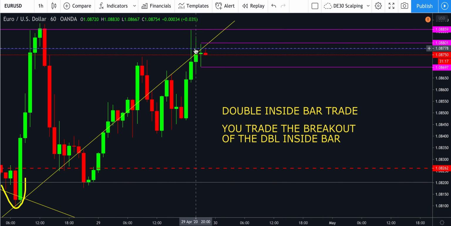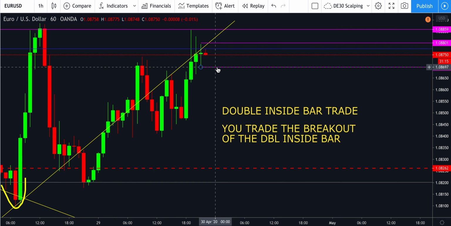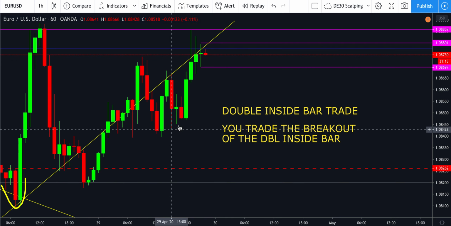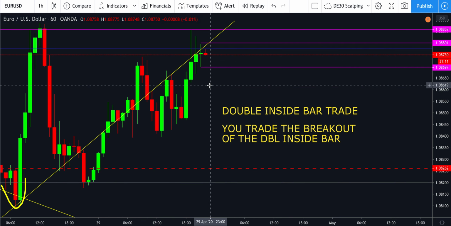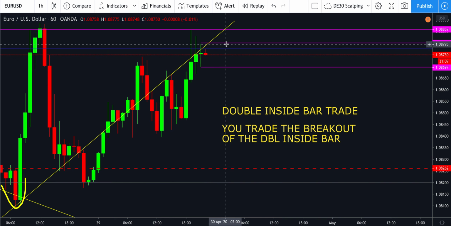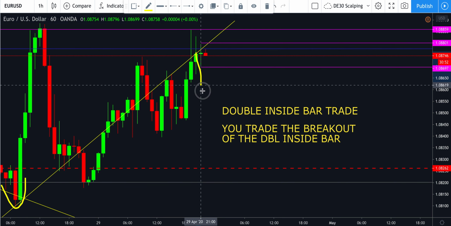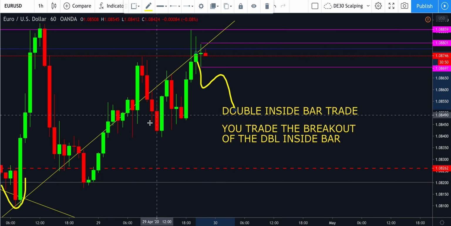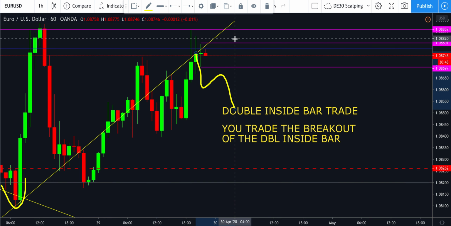On the other hand, if price closes above 1.0880, you have a buy opportunity, but you just have to wait for a correction and see where the correction would go before buying.